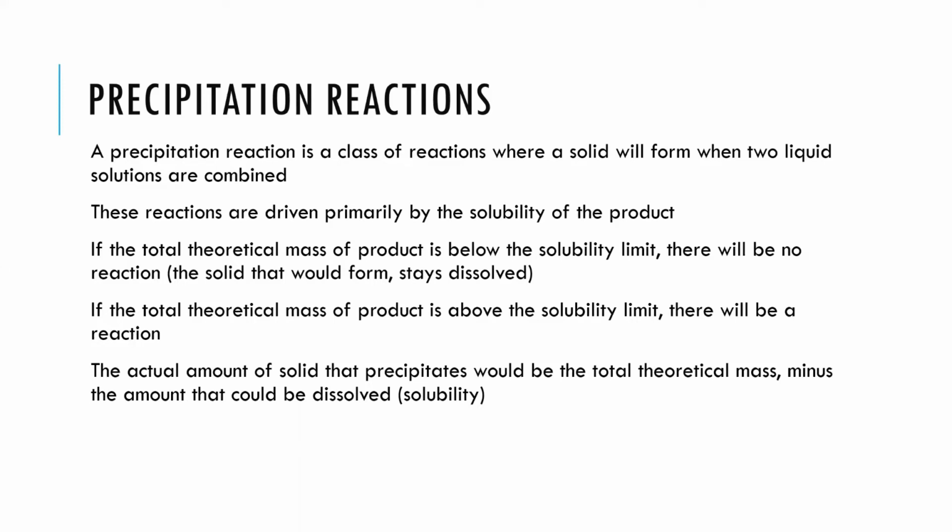What determines that is the solubility. And when one of those products is at a concentration above that solubility limit, then it causes precipitation. Anything above the solubility limit exists as the solid in solution.